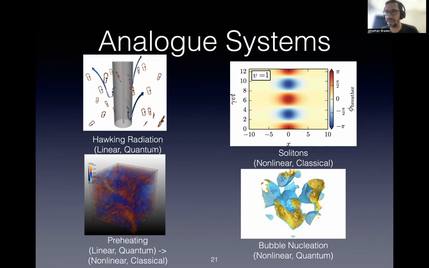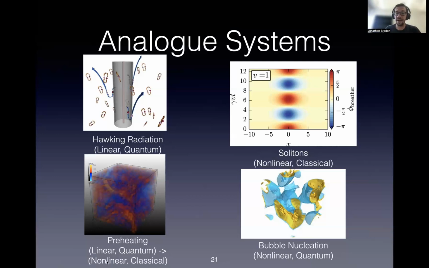Other things you can use analog systems for is, these are nonlinear field theories. So you can get lots of really interesting, complicated nonlinear objects like solitons. So these are nonlinear objects, but they're classical. Okay, so you don't have the quantum when you're doing this. And the two things I'll discuss in the rest of this talk are, one is the preheating, which if you want starts as a linear quantum mechanical phenomenon, but then through dynamics transitions into a highly nonlinear and we think very classical system, okay?